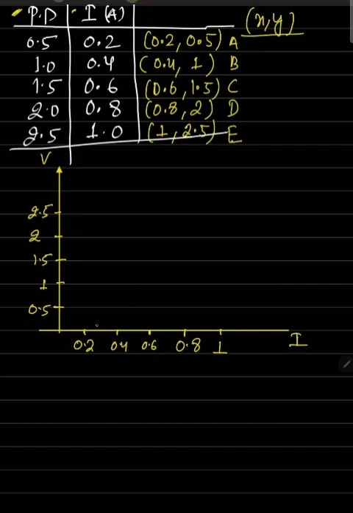Okay, so our first point is what? Intersection of 0.2 and 0.5. So this one is our first point. Second point is 0.4 comma 1.